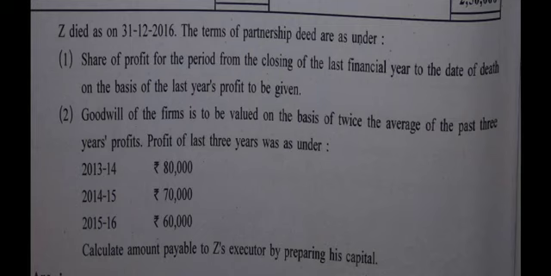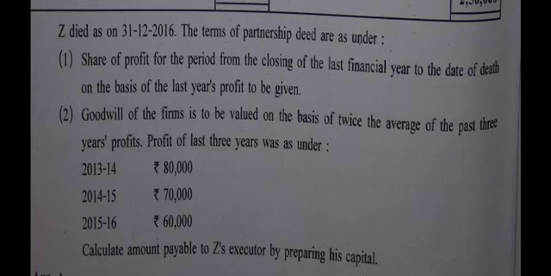I've given all the necessary instructions related to this sum in the previous lecture, that what is the amount to be credited, what is the amount to be debited when you prepare the executor's account, the partner who meets death. So please study that thoroughly. Only then you will be able to understand this particular sum that we are doing.